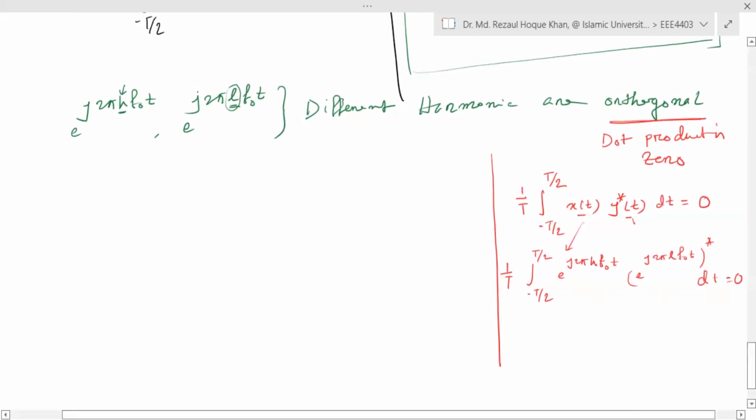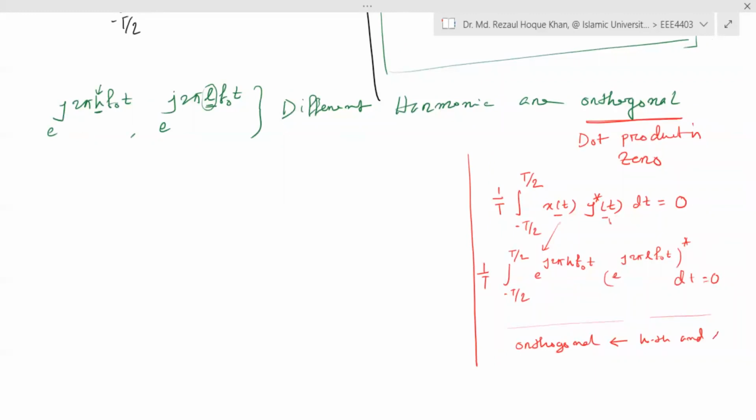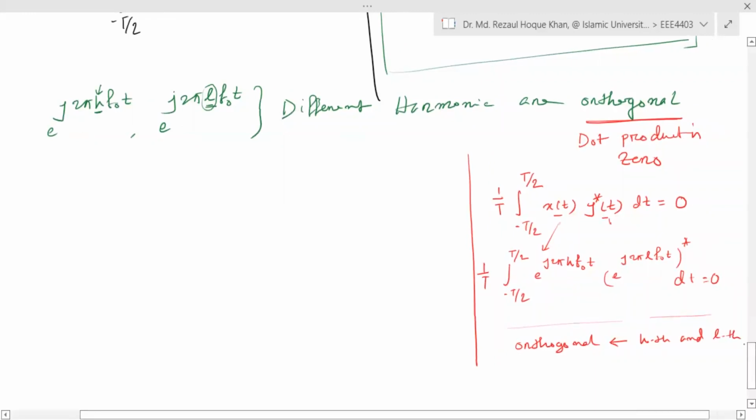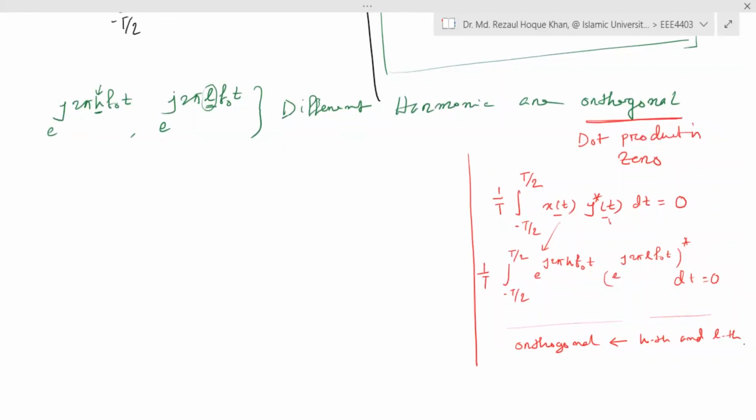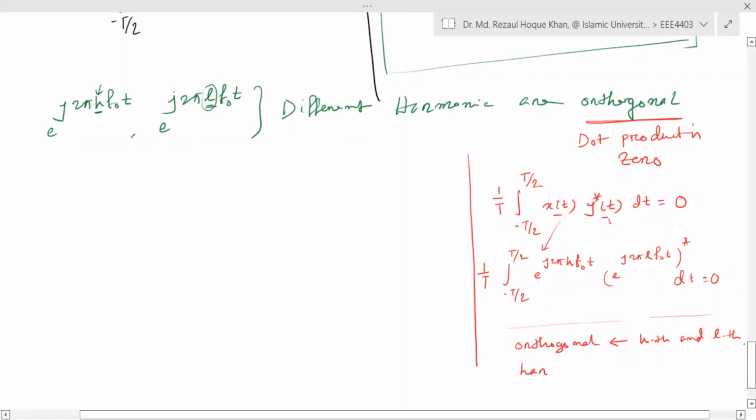That's the definition of orthogonality, meaning the kth and lth harmonics are orthogonal.